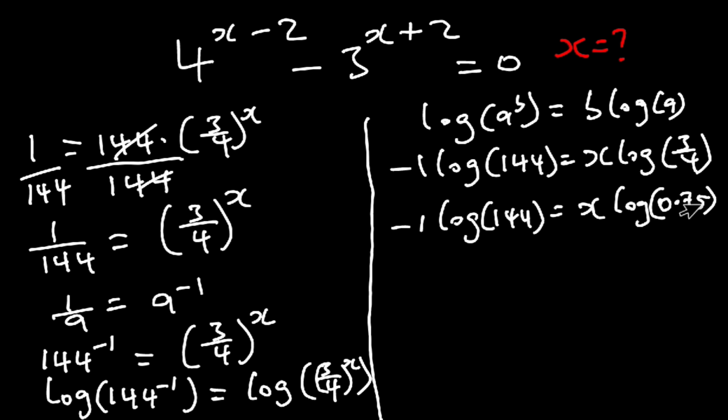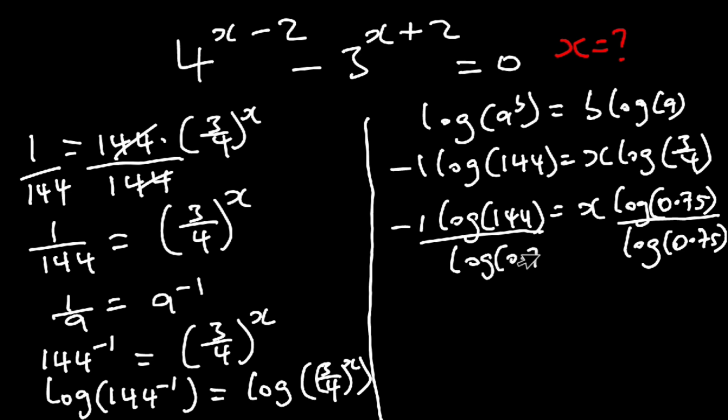So we have minus 1 log 144 equals x log, now 3 over 4 is equal to 0.75. Now to make x alone, let's divide both sides by log 0.75. On the right hand side, this and this will cancel.